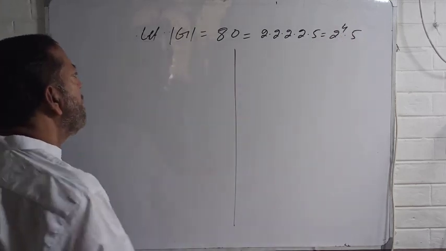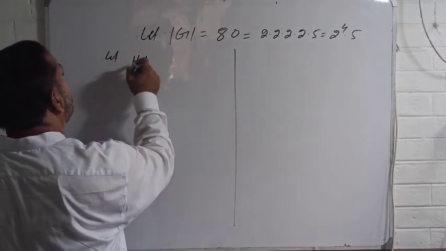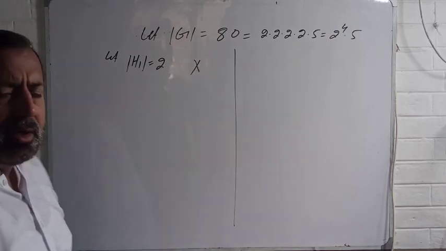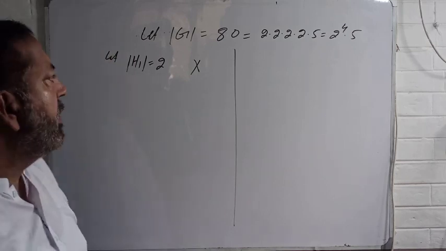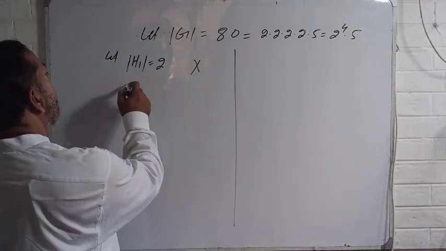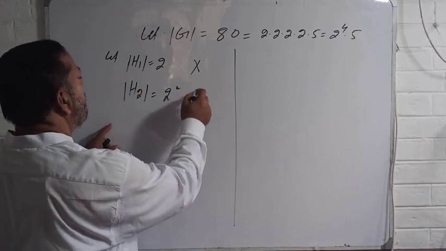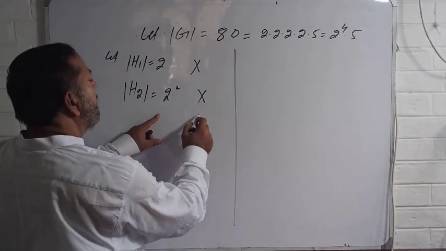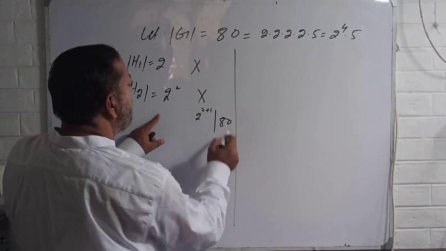So if H1 is of order 2, then this is not a Sylow-p subgroup because 2 square also divides 80. So H2 of order 2 square is also not a Sylow-p subgroup because 2 power 2 plus 1 also divides 80.